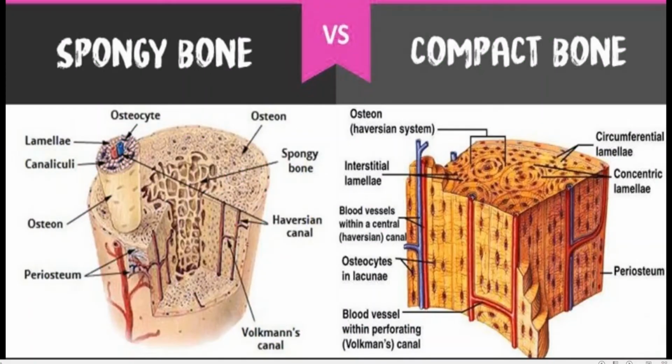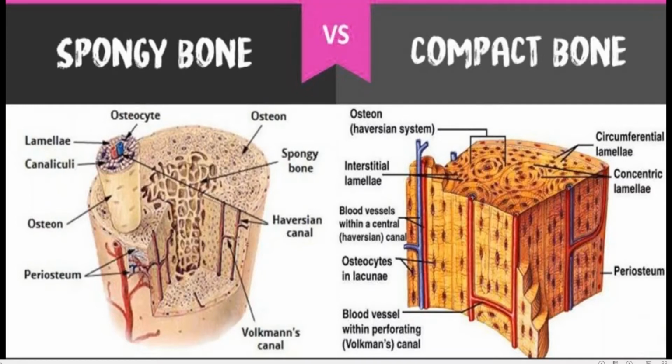Hematopoiesis occurs in the bone marrow, and it contains trabeculae or spicules. These trabeculae are the functional unit of the spongy bone, and the spicules are the tiny lattice-shaped structures that form the tissues.